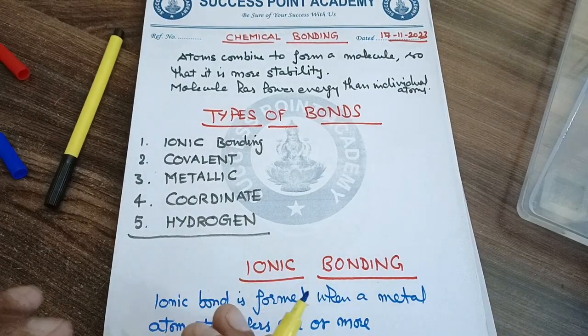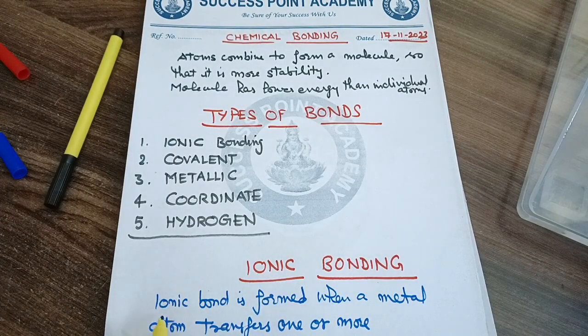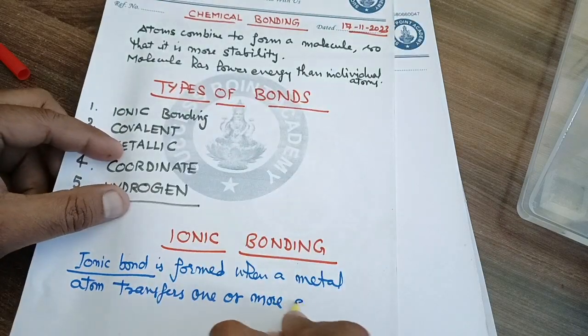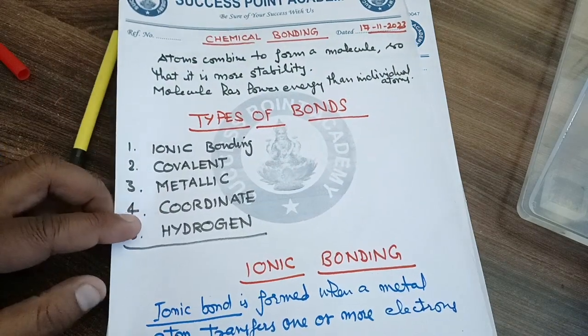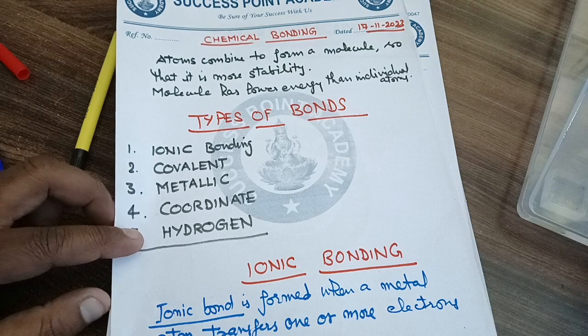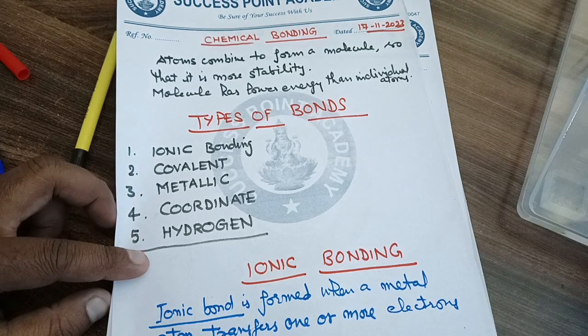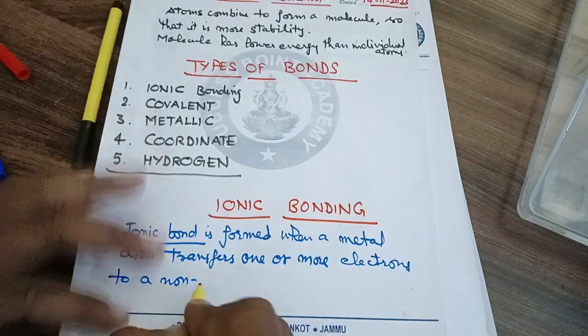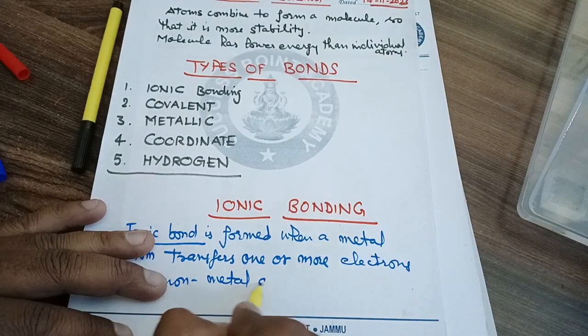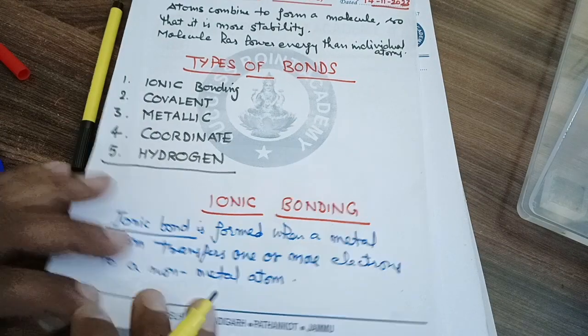The ionic bonding is a type of bonding in which an ionic bond is formed. And what is an ionic bond? An ionic bond is formed when a metal atom transfers one or more electrons to a non-metal atom.